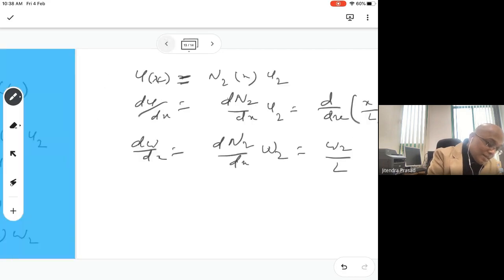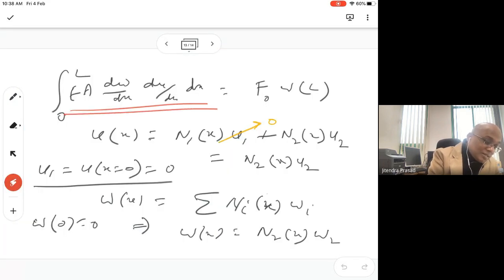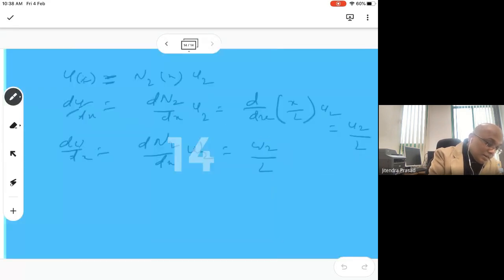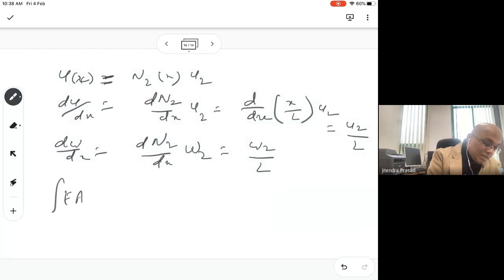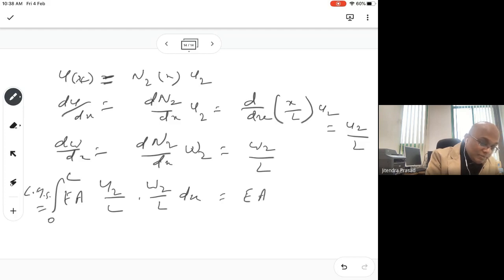So looking at this first term, we will have EA multiplied by du over dx, which will be u2 over L, multiplied by w2 over L, dx from 0 to L. This is the left hand side, equal to EA.